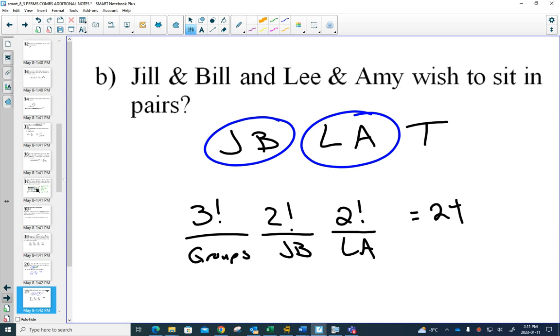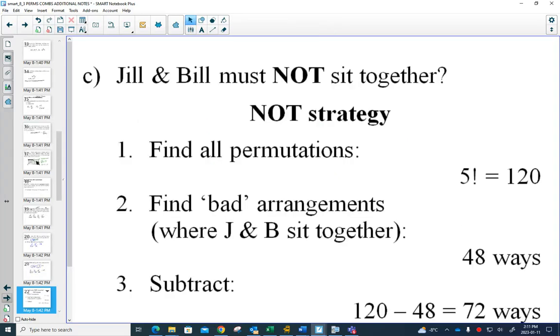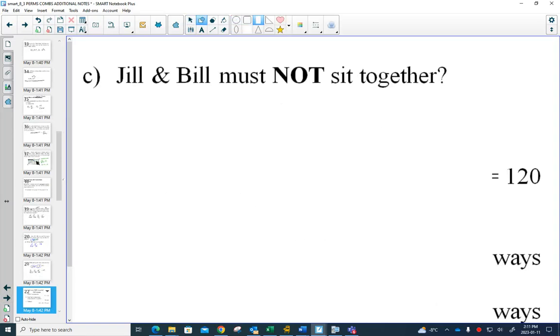Part C. Tom's revenge. Something happened. It's surprising that they all still go and sit on this park bench. But now Jill and Bill must not be seated next to each other.